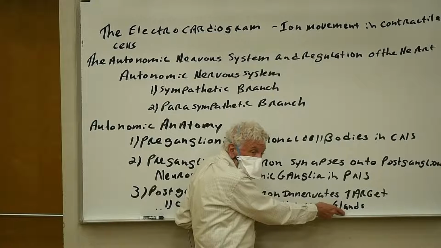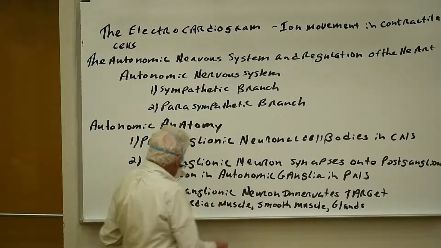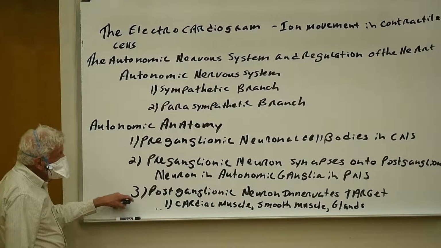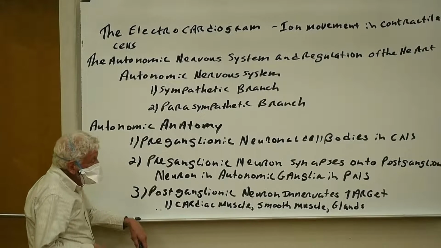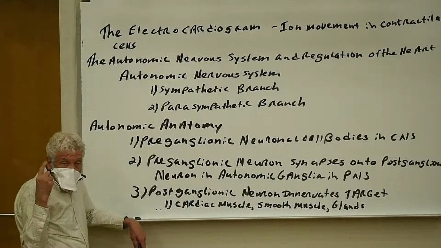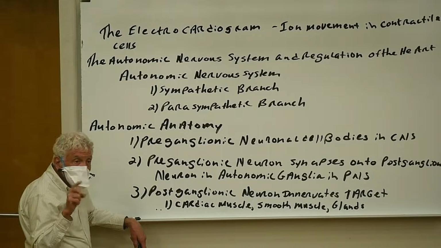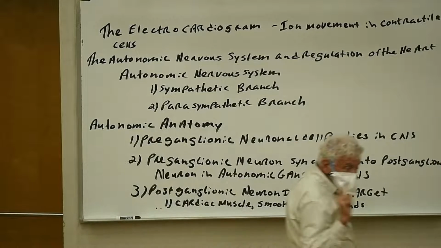Or it could innervate a gland, and we'll talk about that when we get to something like the digestive system, and the parasympathetic innervation of, say, the salivary glands. But hold on to the idea that we have a two-cell chain, preganglionic, postganglionic. The preganglionic cell body is in the CNS, the postganglionic neuron is in the PNS, and it forms synapses on the target in the periphery.